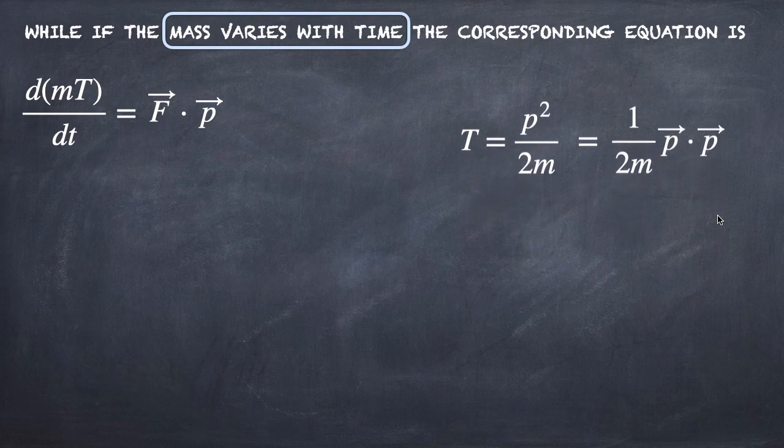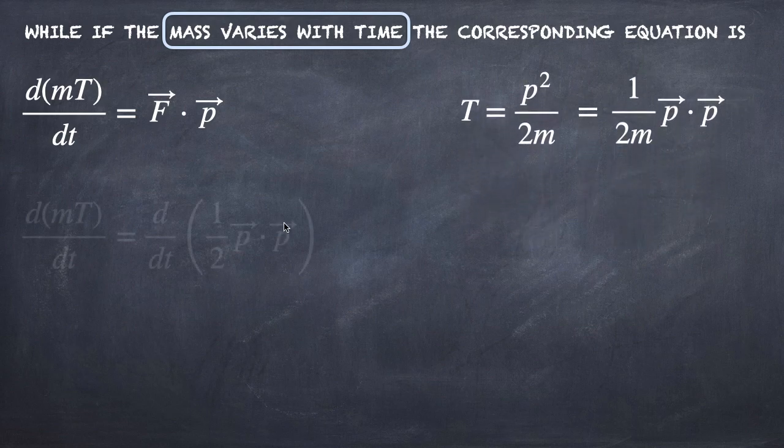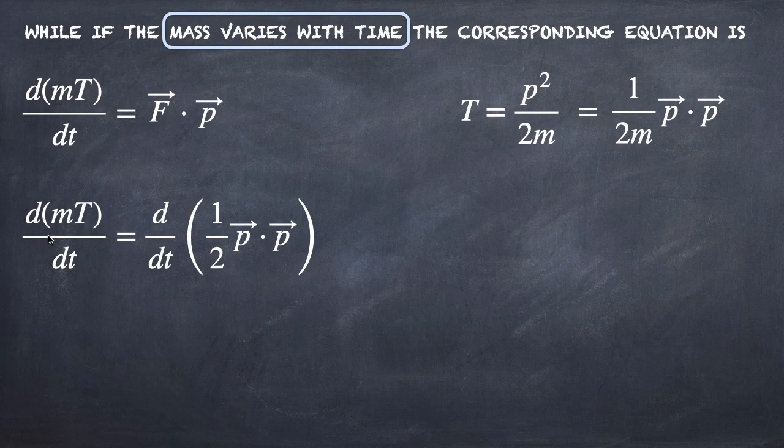Okay, and we are going to calculate the time derivative of mass multiplied by this term here, the kinetic energy. So mass will cancel out with this mass here. We need to calculate the time derivative of 1 over 2 p dot p.